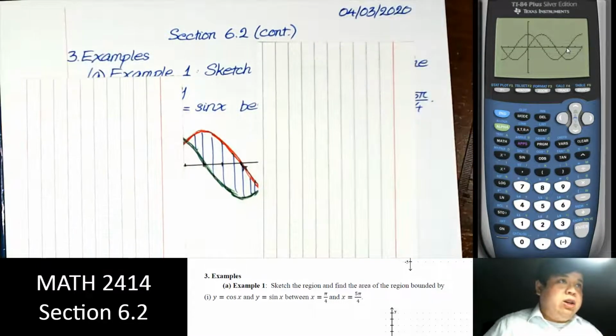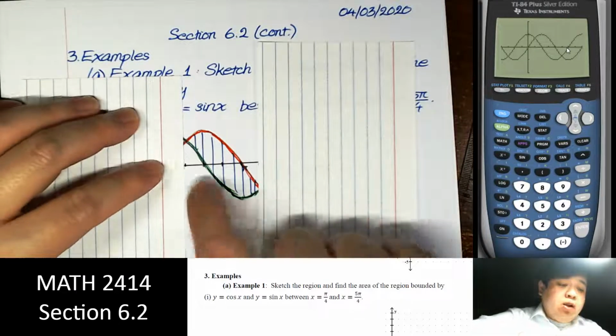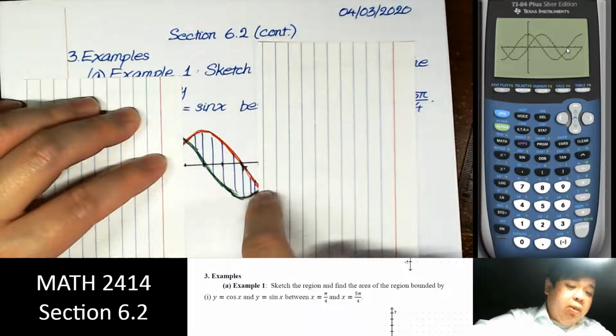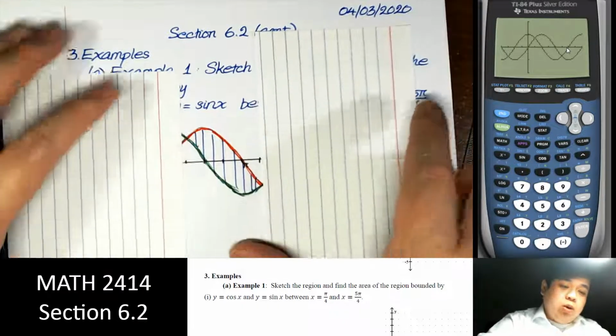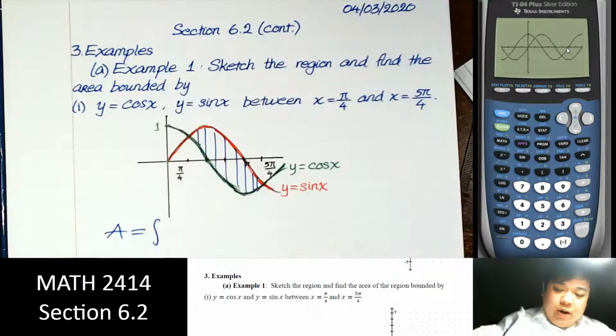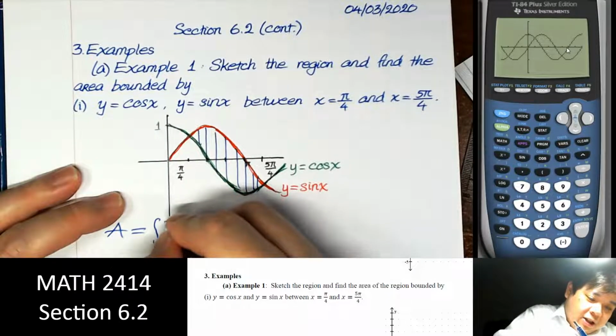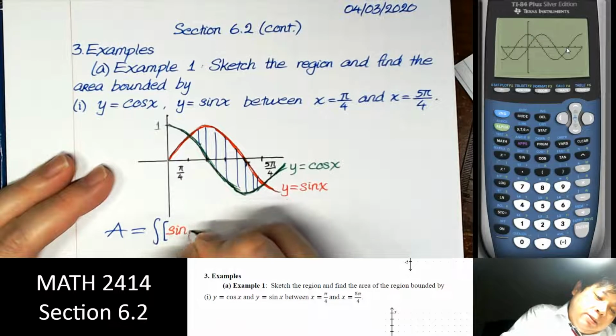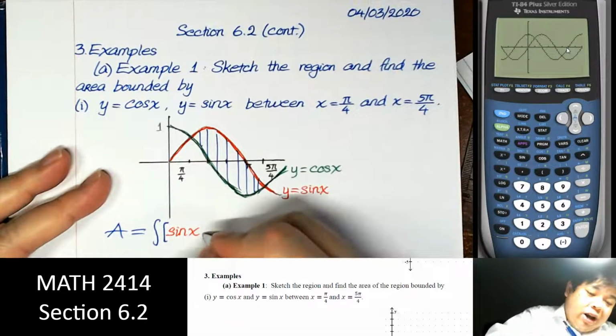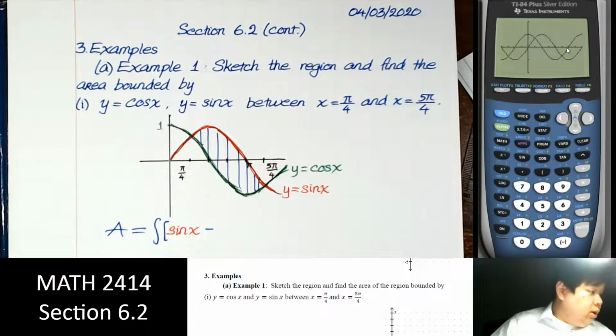So this is the region. We see that the region is bounded above by the red function, which is sine x, and below is cosine x. So pretty much just the function above subtract the function below.